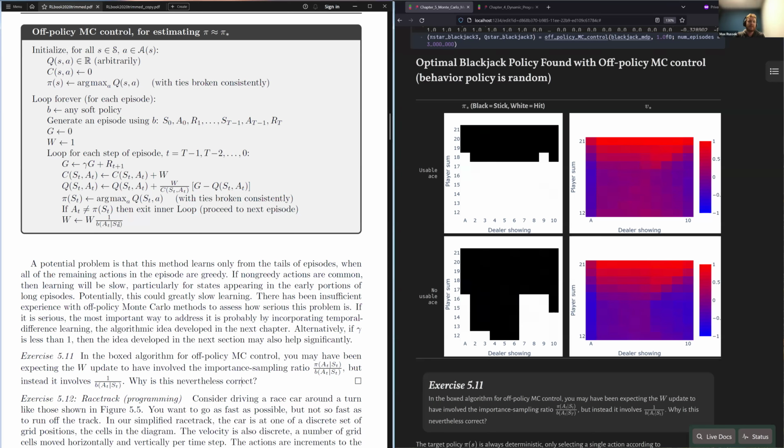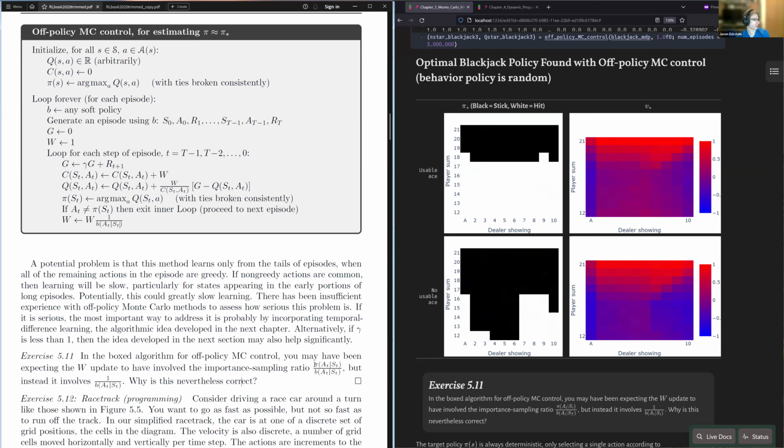Yeah, so this is because in this case, the target policy should be the deterministic policy effectively. So you can think of that as the probability of the greedy action being exactly equal to 1 and the probability of any other action being equal to 0. Because we're creating the greedy policy, it's totally deterministic, which means that pi will either be 1 or 0.